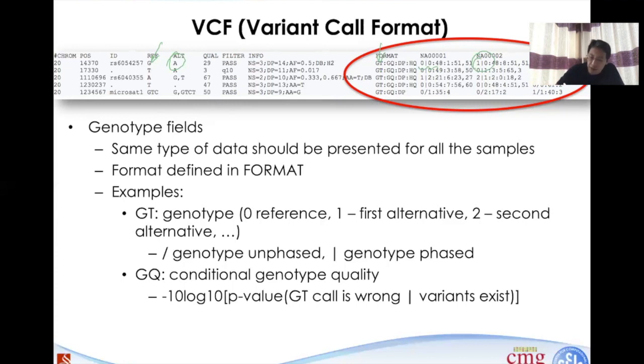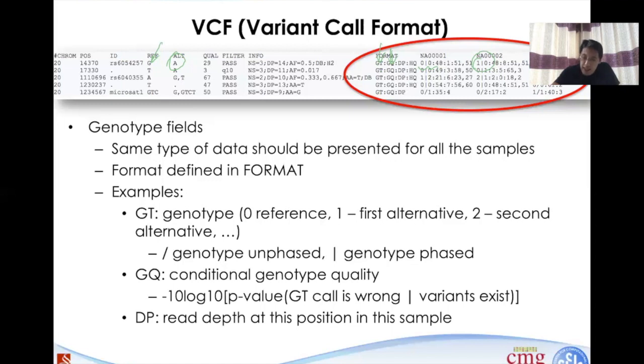The next field here is GQ. GQ means the conditional genotype quality of this particular individual. As I mentioned earlier, this is a Phred score calculation. The larger the number is, the better off we are. The next one is DP, the read depth at this position in this particular sample.